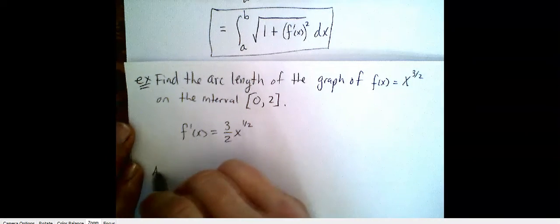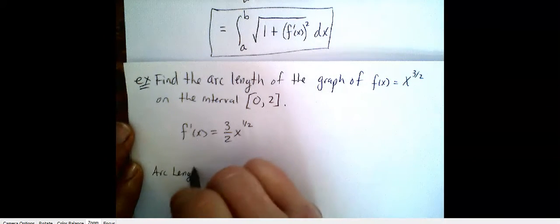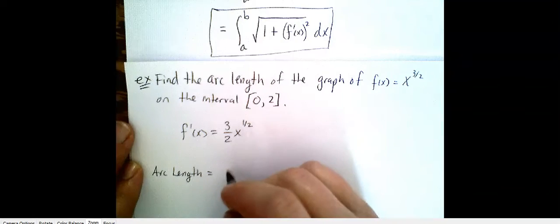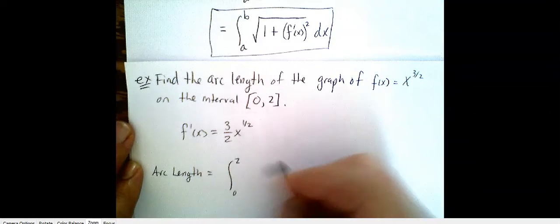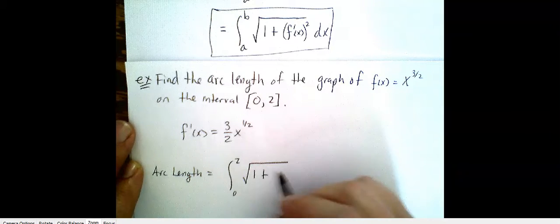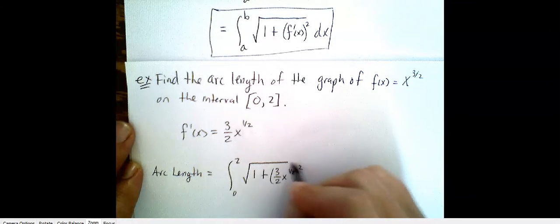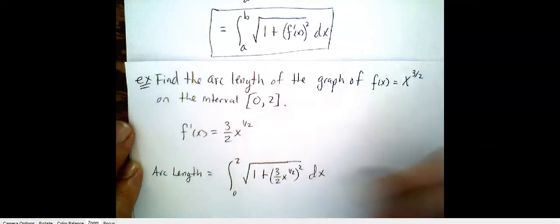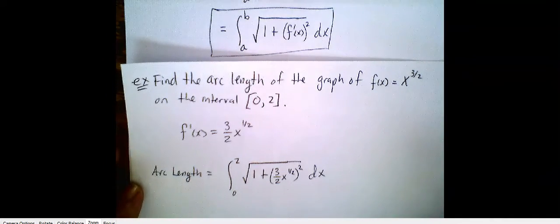So our arc length is equal to the integral from 0 to 2 of the square root of 1 plus our derivative squared.